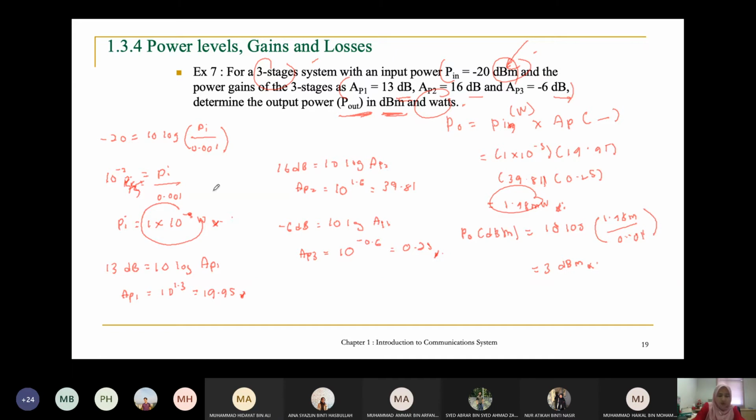Okay, so next. Power in berapa? Power input, nilai dia berapa? Negatif 5 ke negatif 3? Ni jawapan dia. Negatif 5.